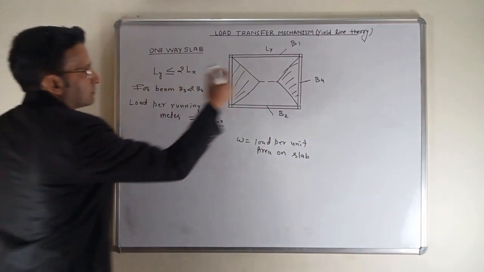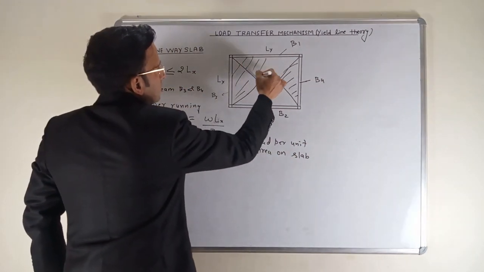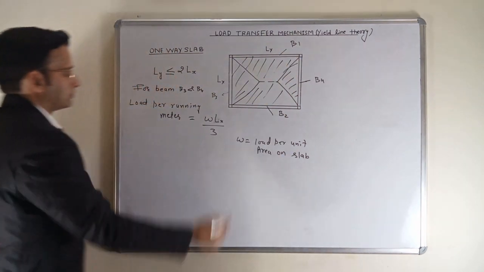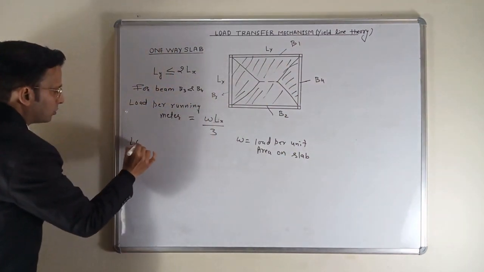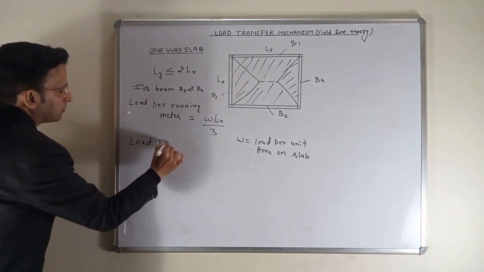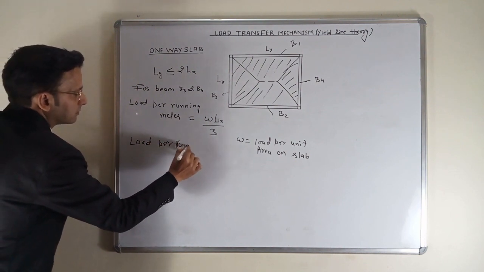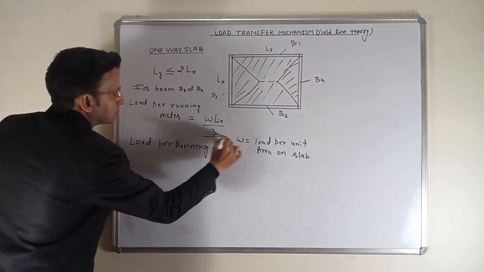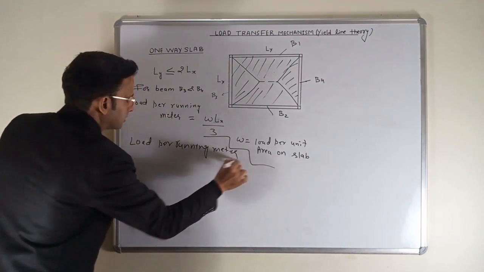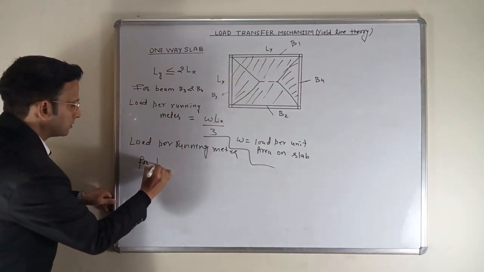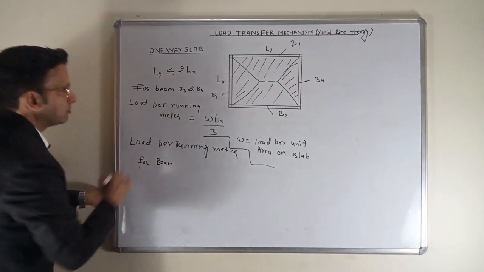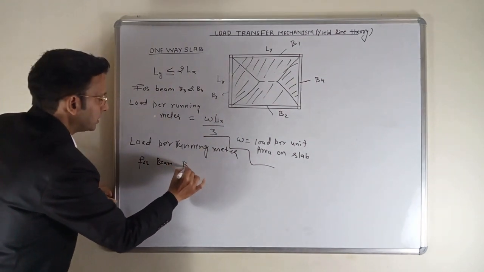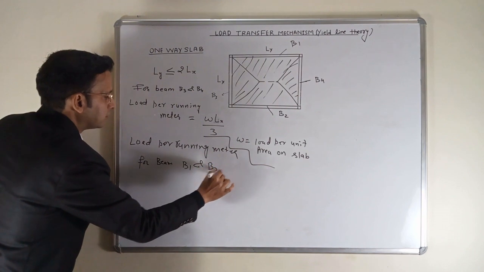Okay. Now I just proceed for beam B1 and beam B2. So load per running meter for beam B1 and B2.